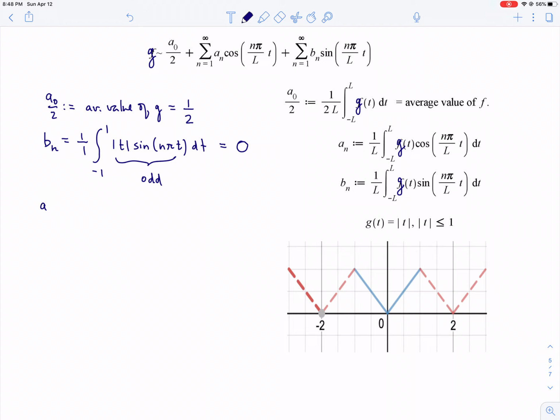Now let's do the an's. We get 1 over 1, integral from -1 to 1, absolute value of t, cosine n pi over 1 t dt.